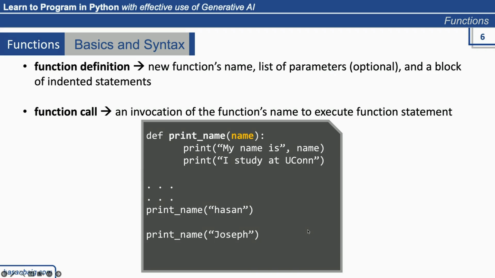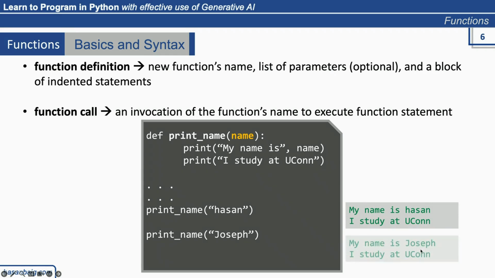So when I run this code, when this function is called, it will jump to this part of the code, it will pass this value Hassan, and then execute this statement. It will print my name is, and whatever the name is being passed here, Hassan, and then it will print I study at UConn. Similarly, when this function is called again with a different value, it will print a different value. My name is Joseph, I study at UConn.